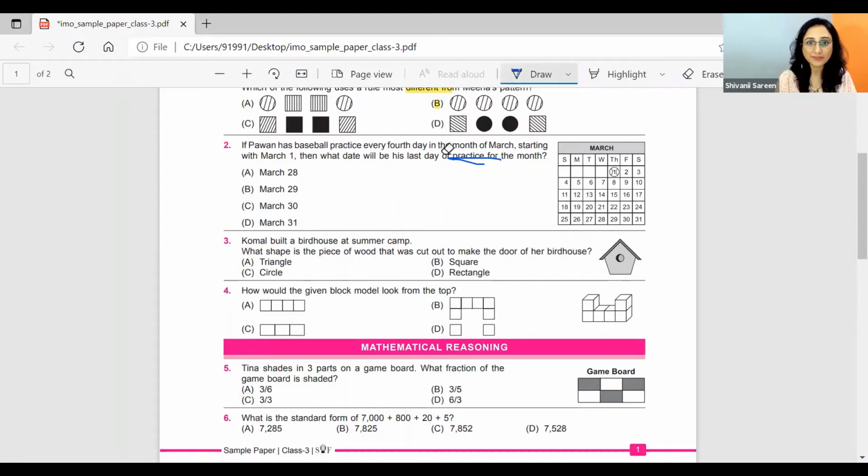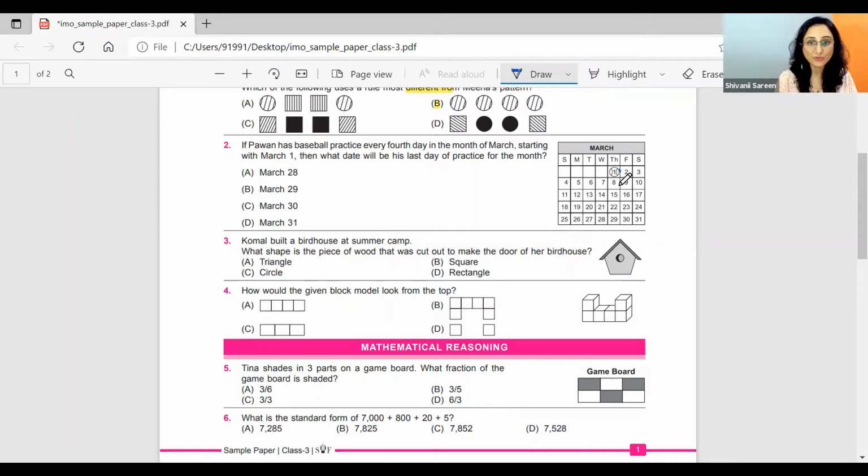So that means we can go with the table of 4. Now what is important is that the first day is the practice. So next day would be 5th, like 1, 2, 3, 4, 4th day. And after that 4th day, 1, 2, 3, 4, 9.